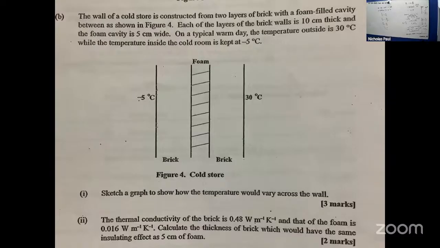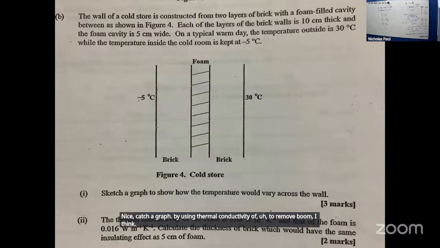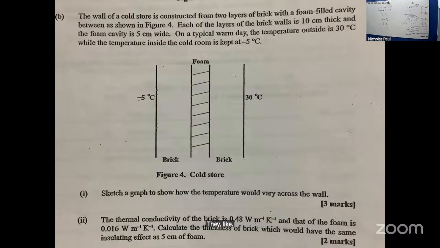Sketch a graph, find the thermal conductivity of, to remove foam, I think. The way to remove foam and use brick alone.